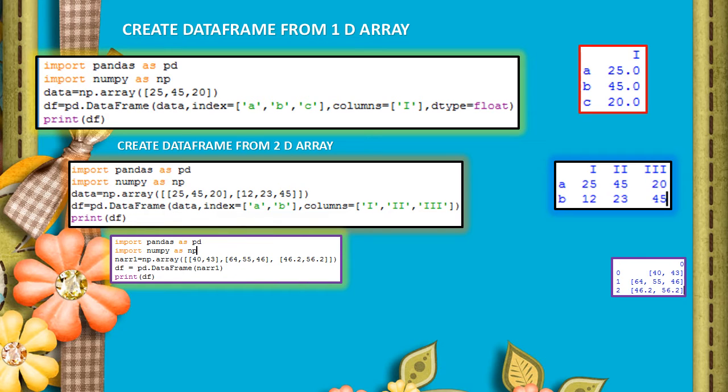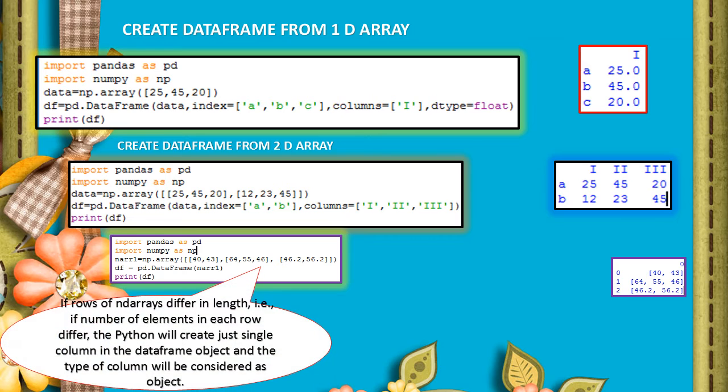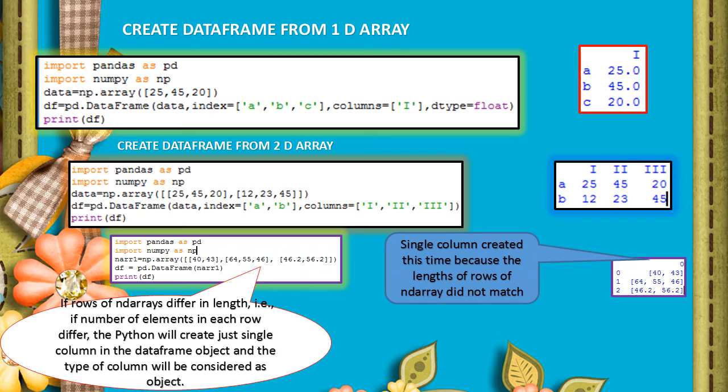And next, a NumPy array where the first row has 2 elements, the second has 3, and the third row has 2 elements. If the sizes differ in the NumPy array, it will create only a single column.